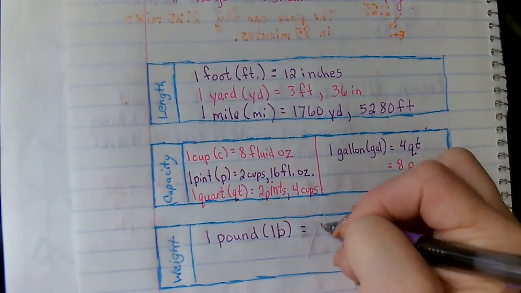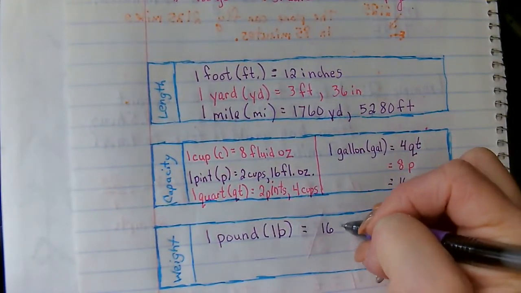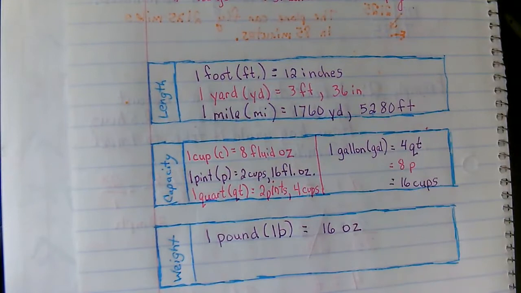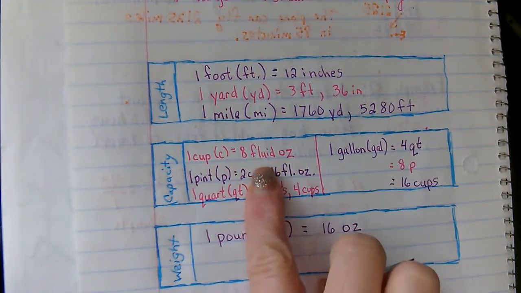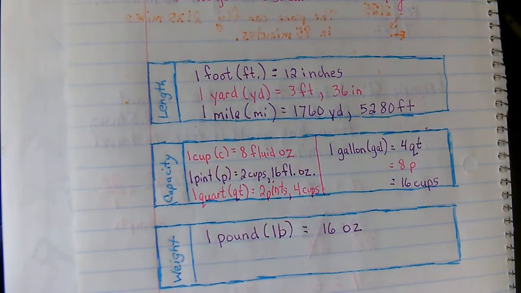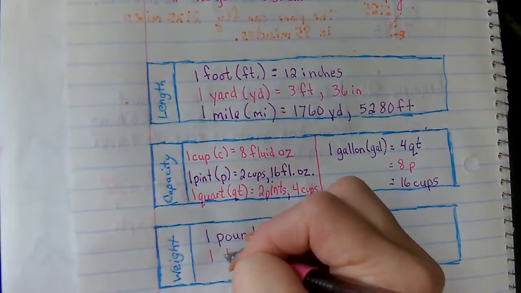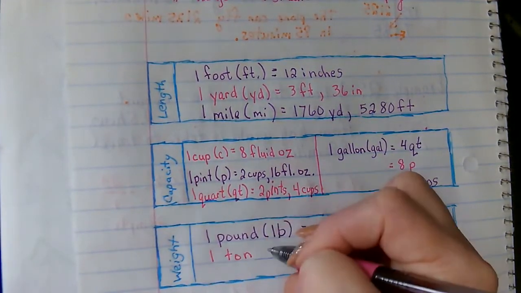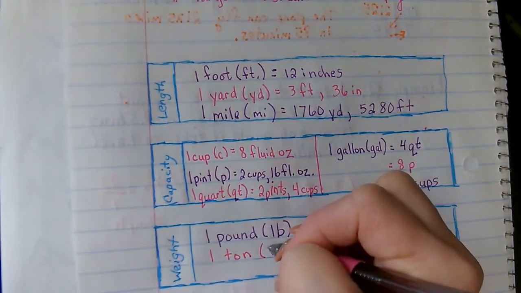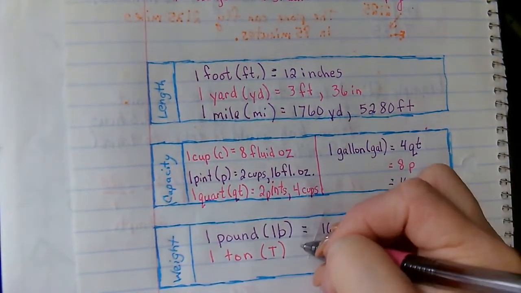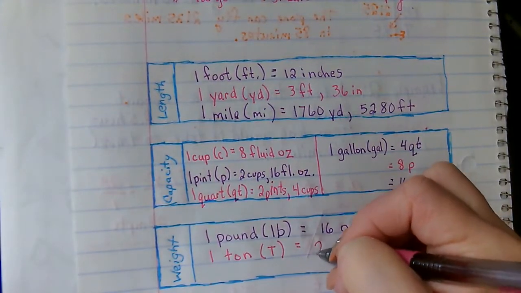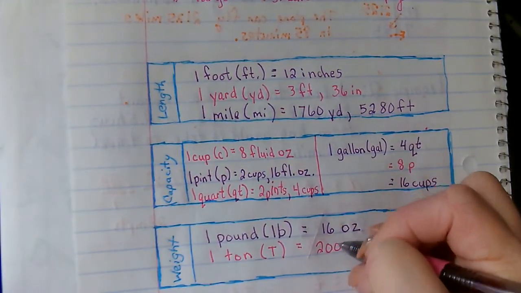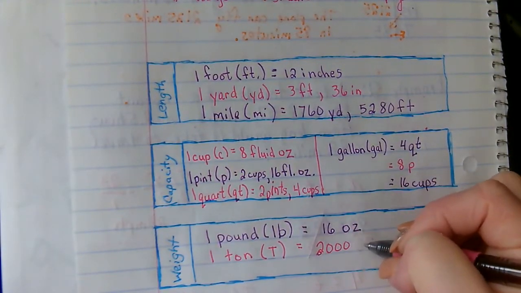And that's equal to 16, and we'll just do the OZ here, ounces. Now that's not the same as the fluid ounces, okay? Let's go on down to 1 ton. And ton is often used with a capital T. Well, 1 ton is the same as 2,000 pounds.